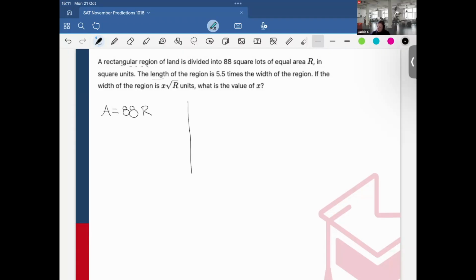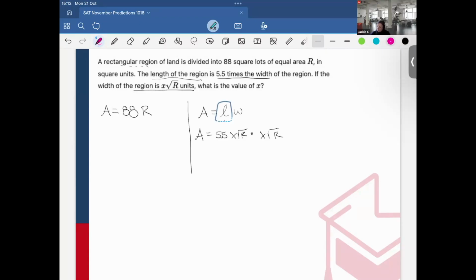And it also says that the length of the rectangular region, the way I'm doing length times width, is 5.5 times the width. So the length would be 5.5 multiplied by x root r, because that's what the width is, multiplied by the width, which is x root r.